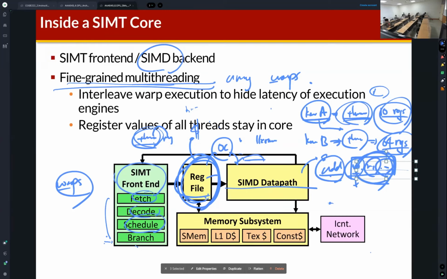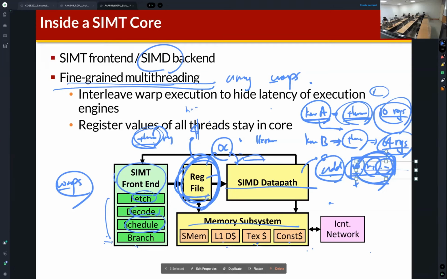Also, GPU has a memory subsystem like cache. GPU actually supports different memory spaces, like the texture space, local space, and constant space. So in order to support the multiple spaces, GPU has multiple private caches, like the data cache, texture cache, and constant cache.